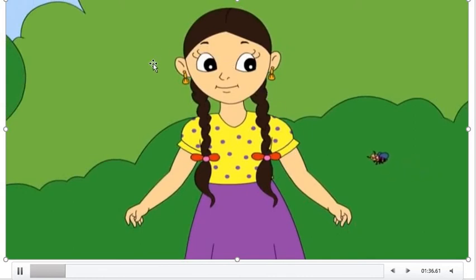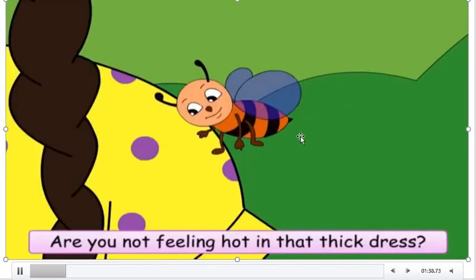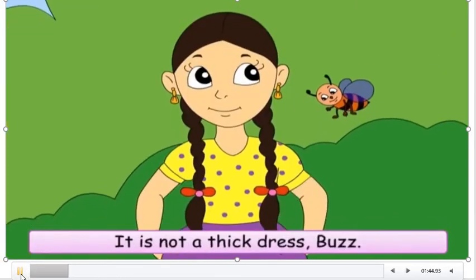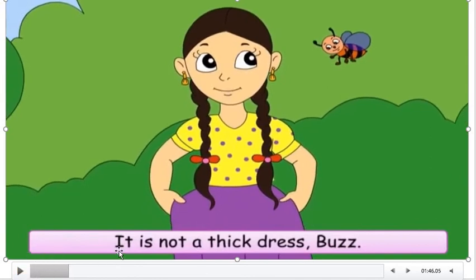Now if you can see, the buzz again comes to Meenu. "Are you not feeling hot in that thick dress?" This is what the honeybee is asking the girl, because the honeybee feels that the dress is really thick. So Meenu replies that it is not a thick dress, Buzz.